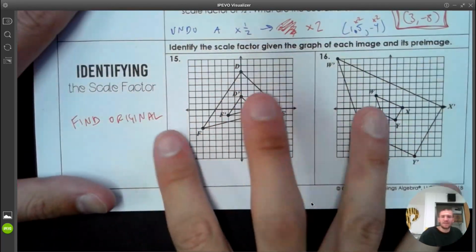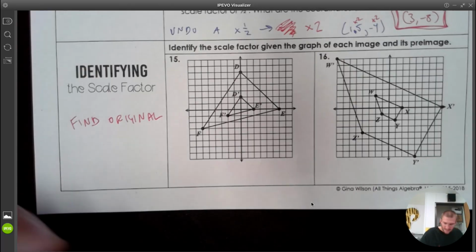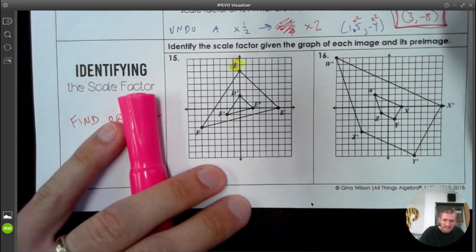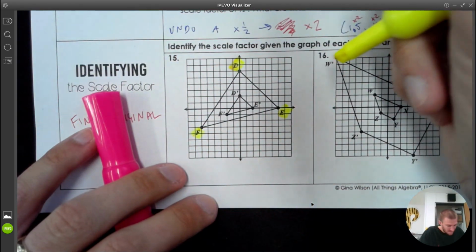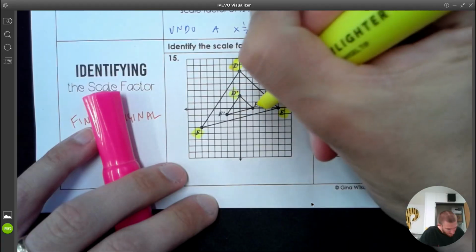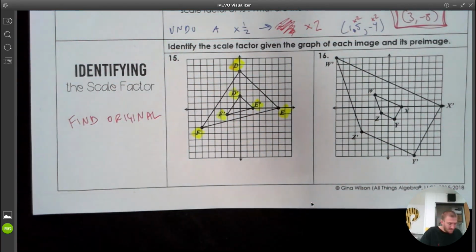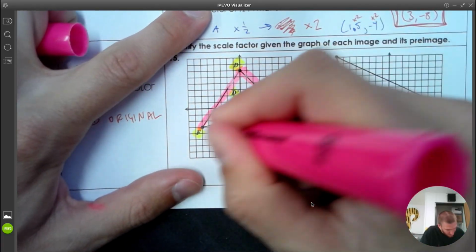It's not super clear which one of these is the original shape, and the way we do it is we look at the letters. Okay? This one is a D, an E, and an F. This one is a D prime, an E prime, and an F prime. So that means that the original is the big one for this question.